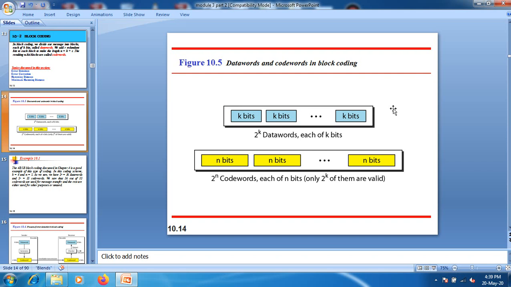Out of the 32 possible code words, these 16 data words are mapped onto 16 code words, and the remaining 16 code words are discarded. That is, we are not using them. They are invalid code words. For that purpose, we are saying that this block coding process is one-to-one.